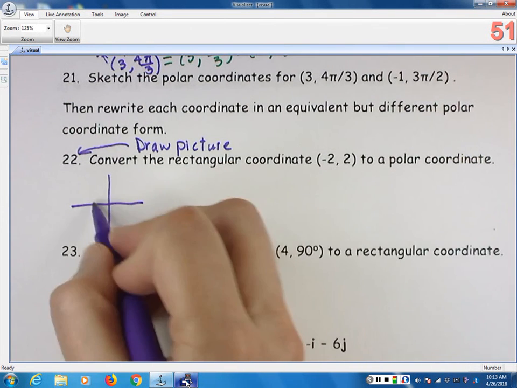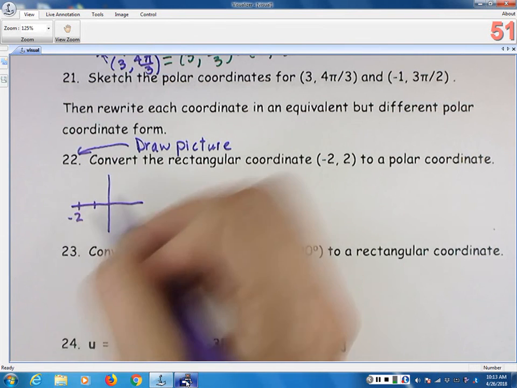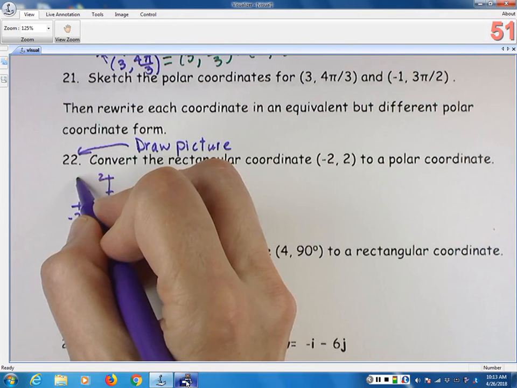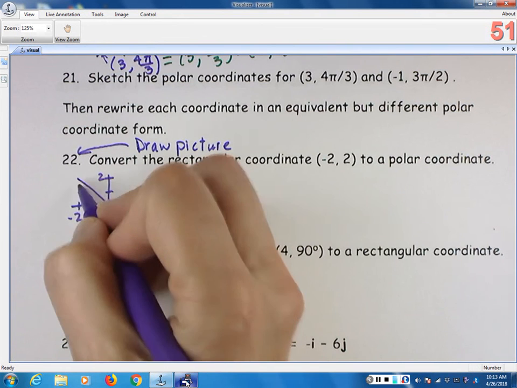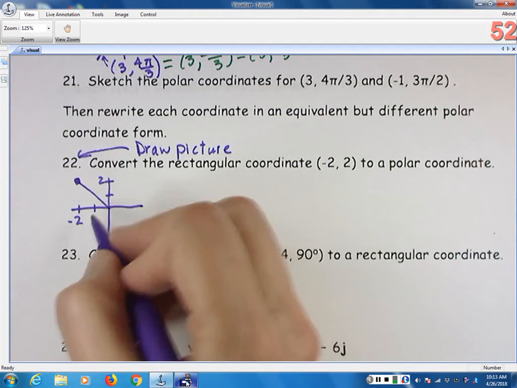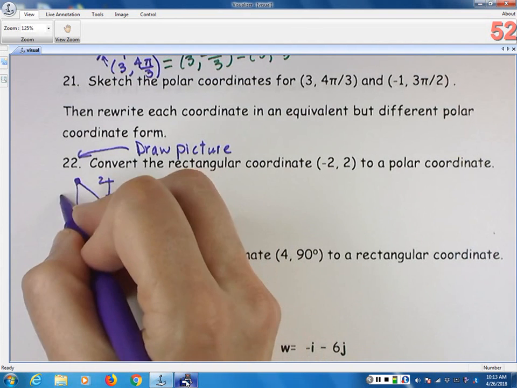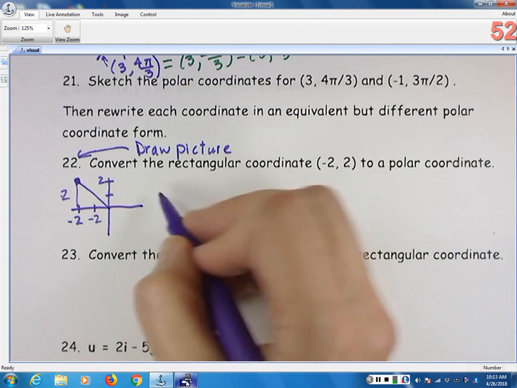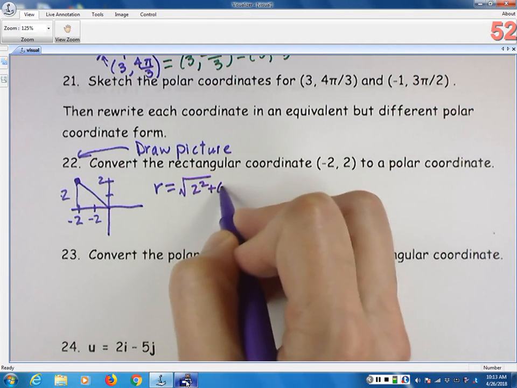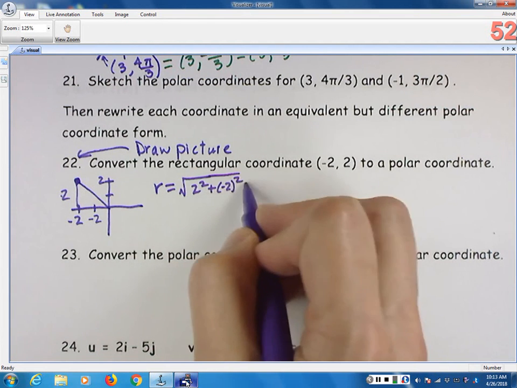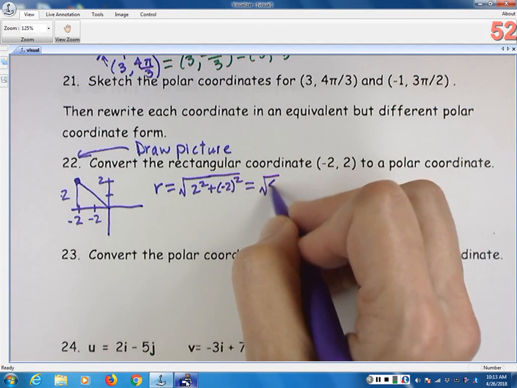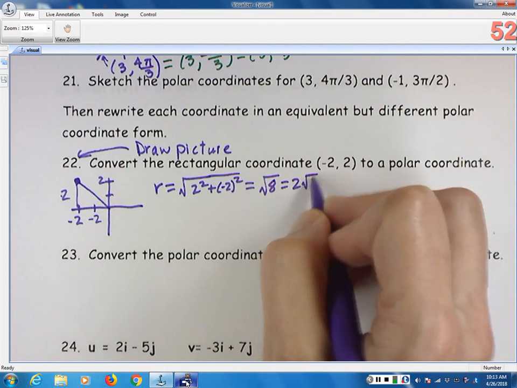So negative 2, positive 2. There's the point. This is negative 2, positive 2. R is the square root of 2 squared plus negative 2 squared. 4 plus 4, 8, square root of 8, 2 square root of 2.